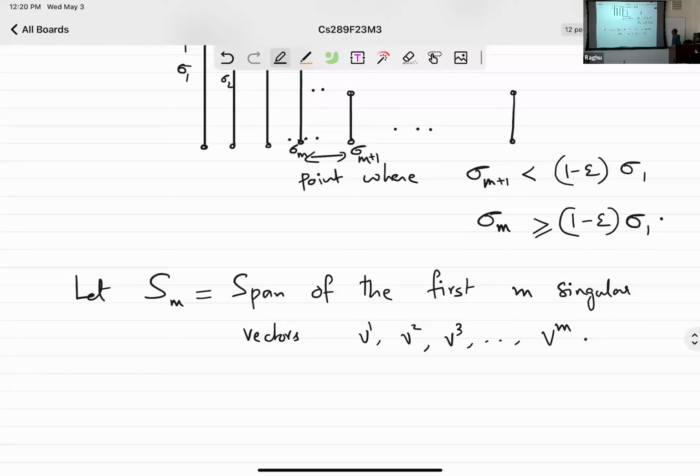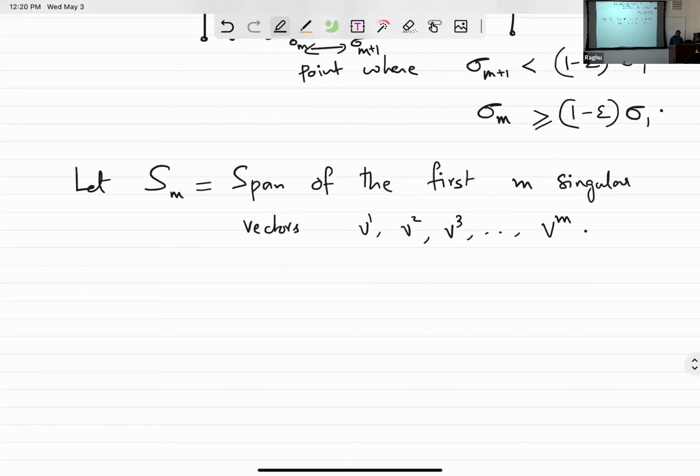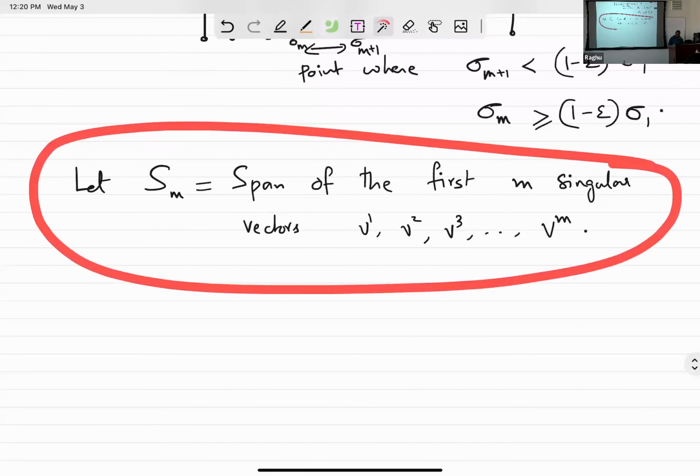Okay. So all of these things have singular value which is very close to the first singular value, sigma 1. So in fact, any of these would be good enough for the target accuracy we're shooting for. And even anything in this span would also be good enough. So that's why if I have something in the span, I'm fine.